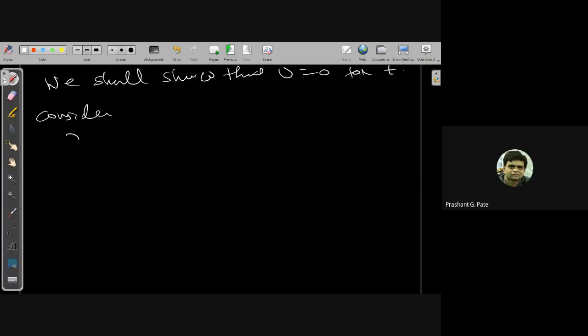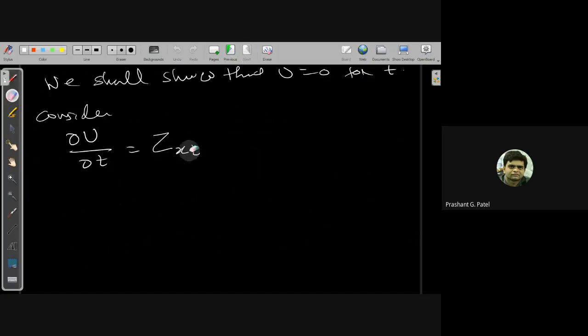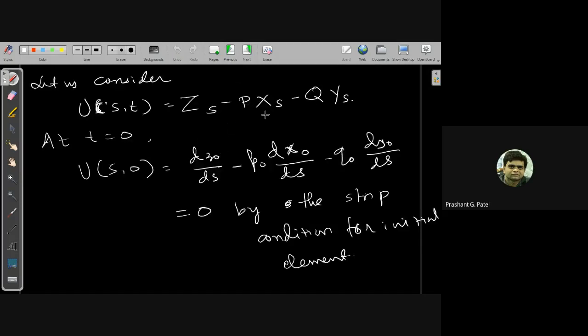So we have del u by del t is equal to capital z_st, because the derivative of s is already there, minus, here we have to use the product rule.